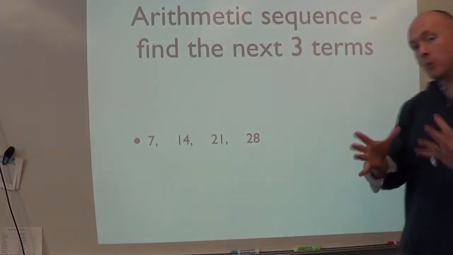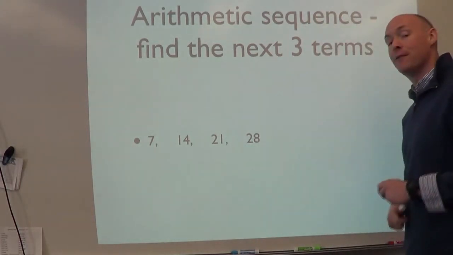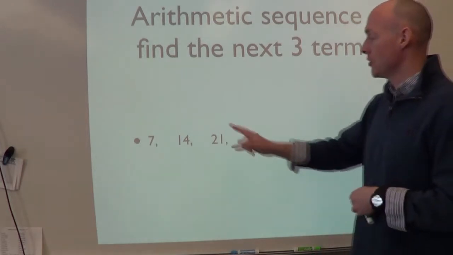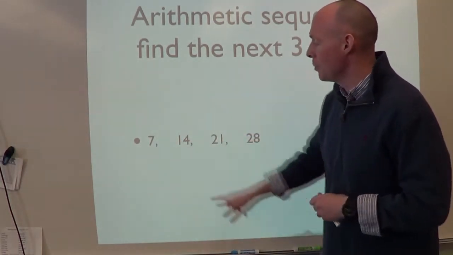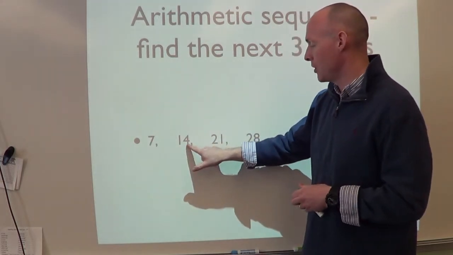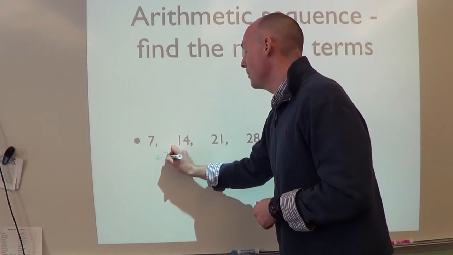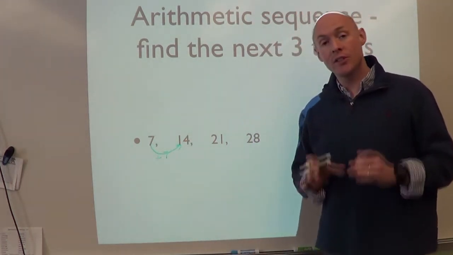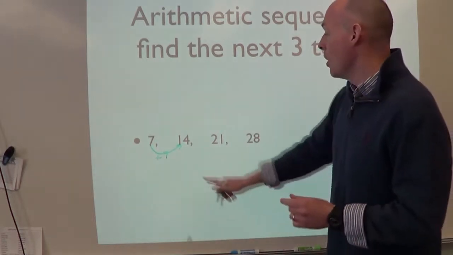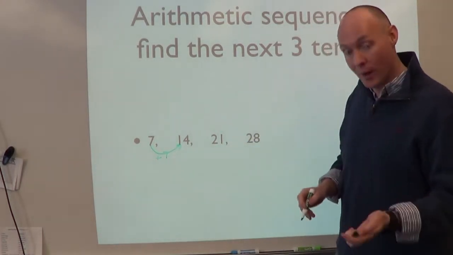Okay, here I have an arithmetic sequence. First, what we have to do is check, is it an arithmetic sequence? And then we have to find the next three terms. So let's look. 7, 14, 21, 28. Well, how do I get from 7 to 14? I add 7. In order for this to be an arithmetic sequence, adding 7 to each of the terms will work.